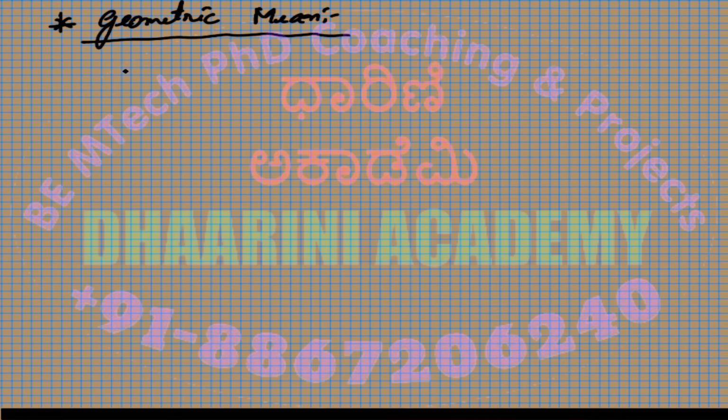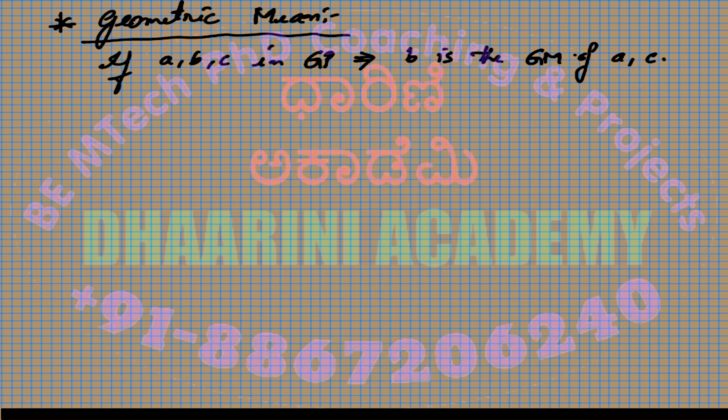For example, we'll write if say A comma B comma C are in GP, this implies we can say that B is the geometric mean of the terms A and C, right?